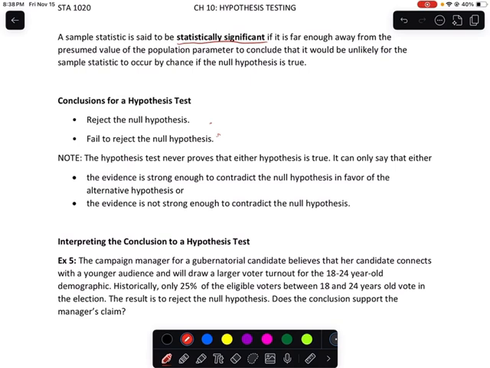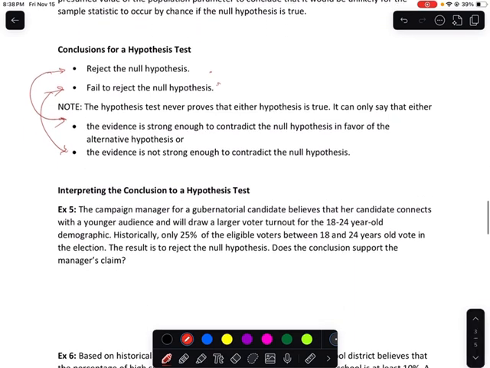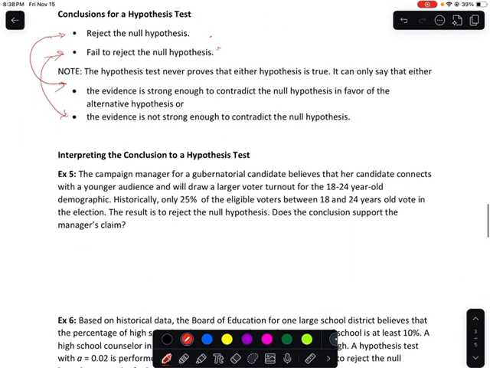Now first, these words, whichever applies, and then in order to explain them, for the first one you can write this, and for the second you can write this. So now, interpreting the conclusion to a hypothesis test.